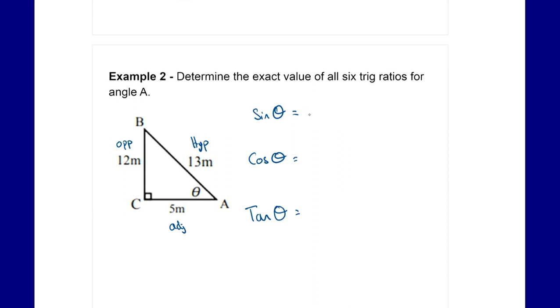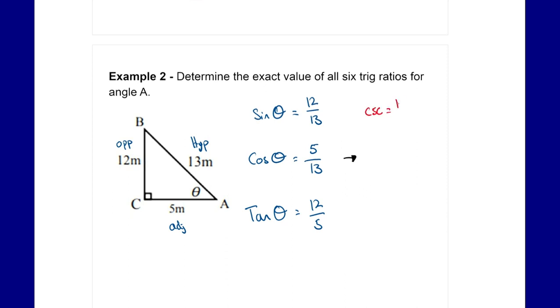So sine is opposite over hypotenuse, or 12 over 13. Cosine is adjacent over hypotenuse, or 5 over 13. And tan is opposite over adjacent, or 12 over 5. So now if I want the other remaining trig ratios, I'm going to do the reciprocal.